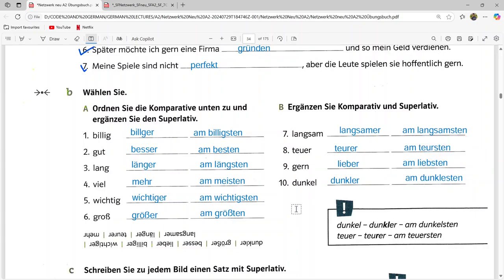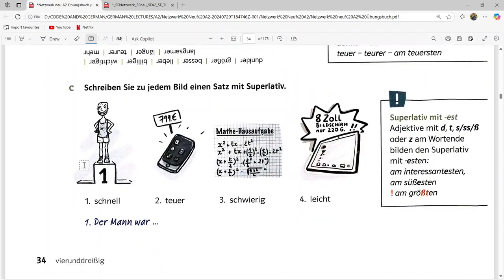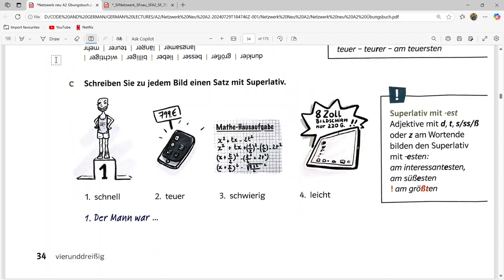Okay, so this one is also done. Next one.